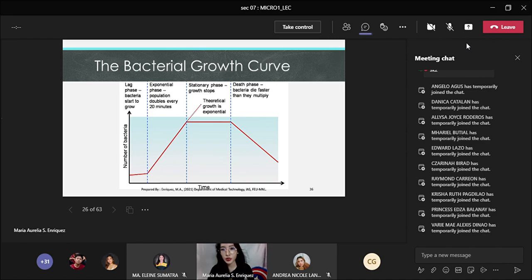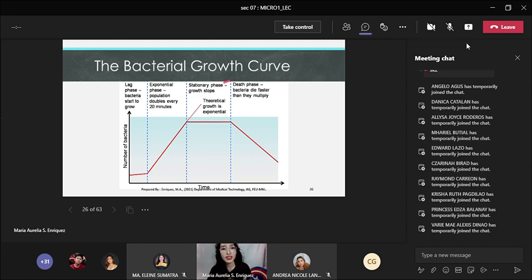All right, here at slide 26, this is our visual representation of the 4 stages of bacterial growth, and we call this the bacterial growth curve. So the lag phase, adjustment period pa lang po. The exponential phase, the bacterial cells are now constantly doubling. So stationary phase, this is now the time where there is an equal number of cells being formed and those that are dying.